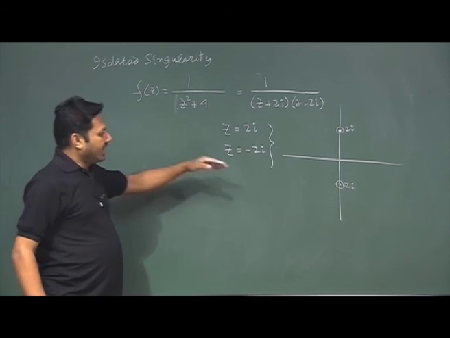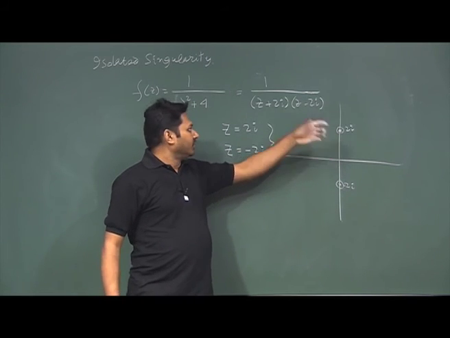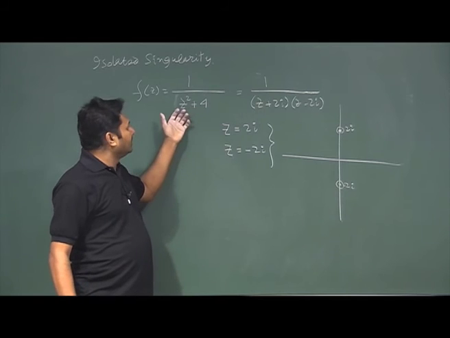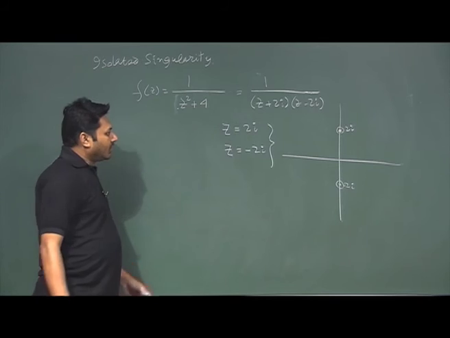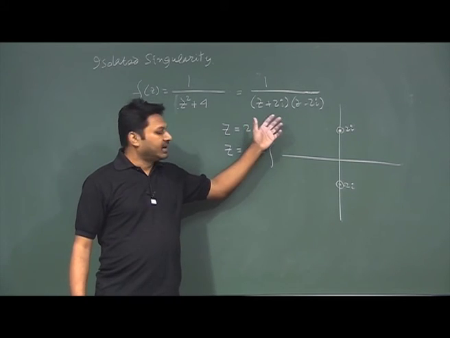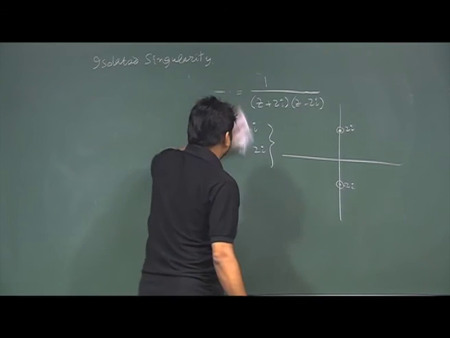That means each is isolated from the other points. So, in general we call it an isolated singularity. There are many other points, all these points are eventually isolated singularities. This is an example of that.